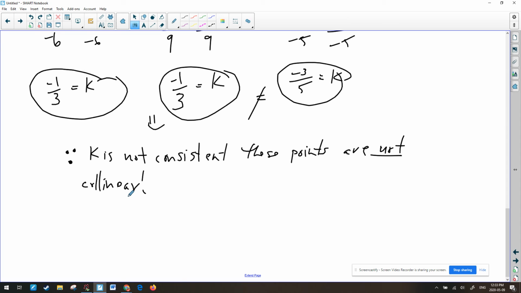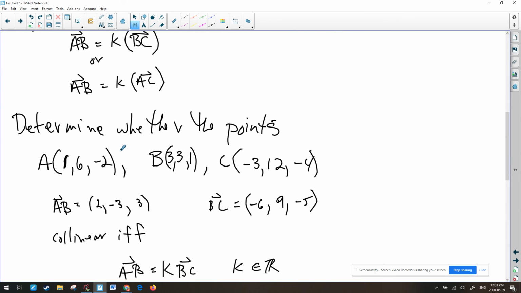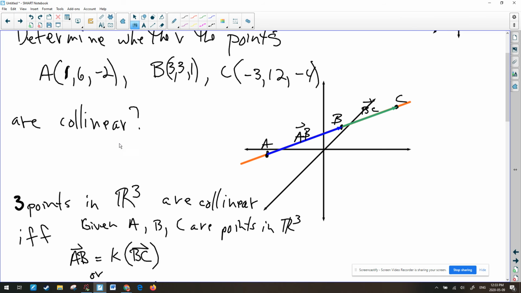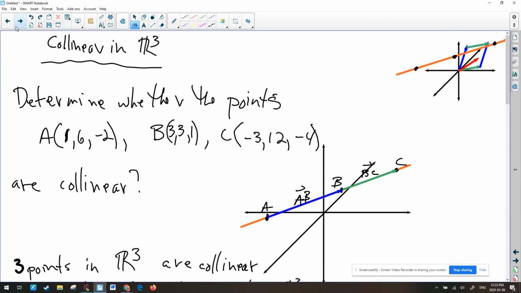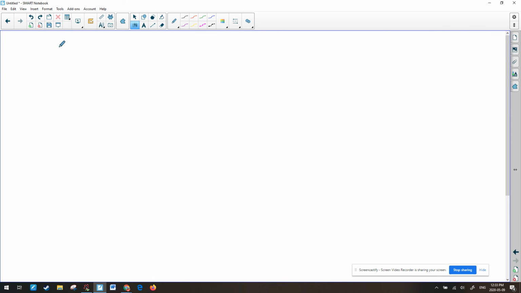All right, last piece of this particular lesson. We've talked spanning sets, we've talked collinear in R3. Now we're going to consider coplanar in R3.